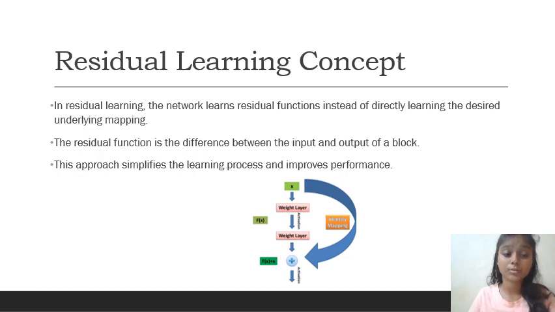This approach simplifies the learning process and improves performance. Here we have X and the weight layer, which passes through one more weight layer, and this is the identity mapping mentioned here. We use some functions so that we get the required mapping.